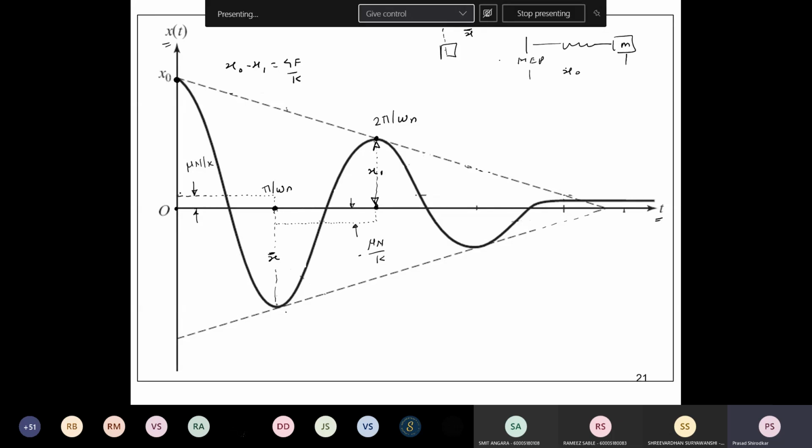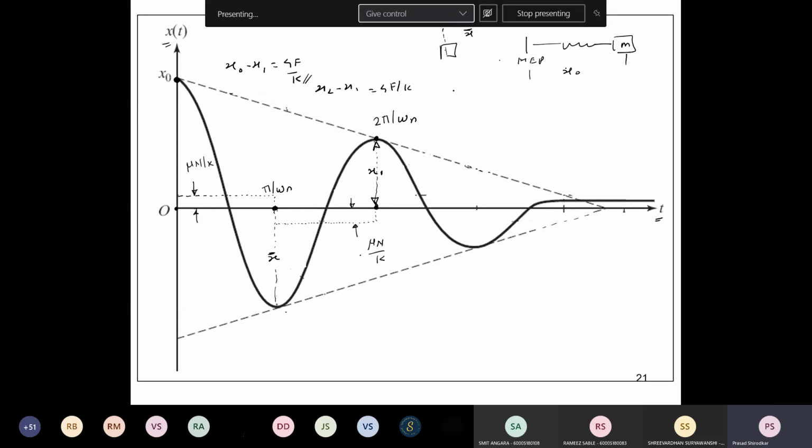The decrease in amplitude from x0 to x1 and to the next cycle is linear. The amplitude decreases in successive cycles by a constant amount, 4F/k. So x1 minus x2 also will be 4F/k.